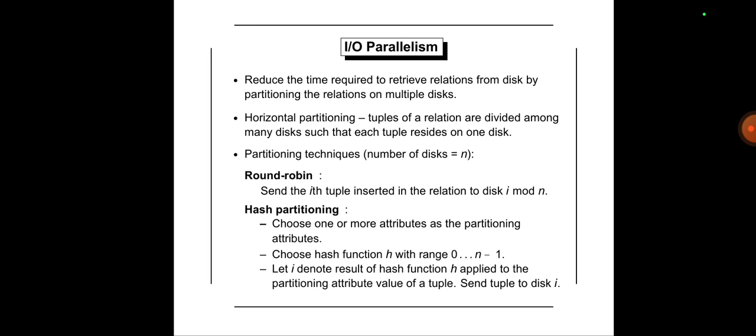Several partitioning strategies exist. First, the partitioning techniques: the round-robin method, another one, hash partitioning, and then range partitioning. Round-robin sends the ith tuple inserted in the relation to disk i mod n.